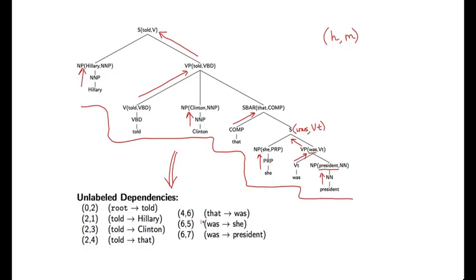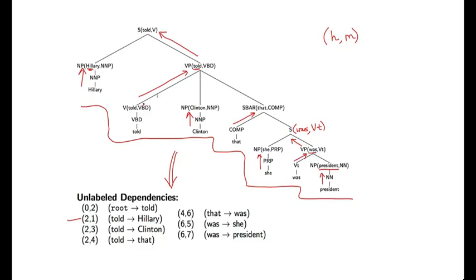Let me give you an example. So with this rule, S told goes to NP Hillary, VP told, we can extract a dependency where told is the head and Hillary is the modifier. So that gives me this dependency here, 2-1. We have a directed arc from told to Hillary.